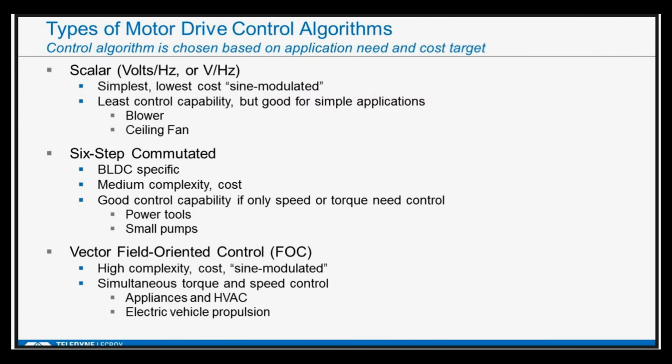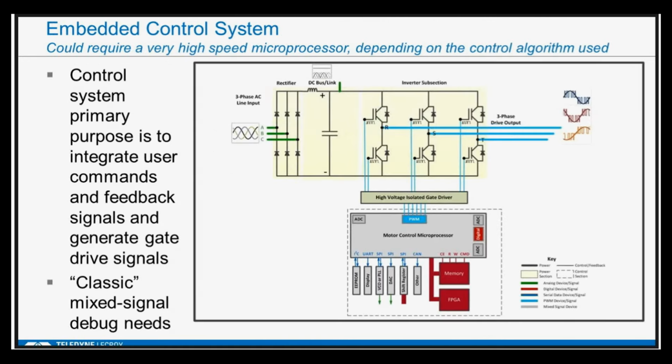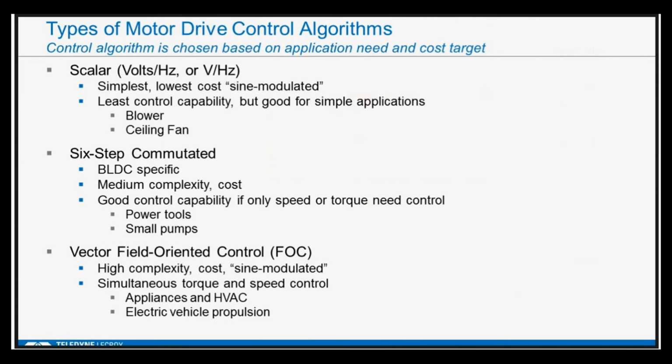So within that control system, basically, let me go back one slide. I went very quick. Within this control system right here, there is some sort of methodology that's employed to tell the gate drive circuit what to do, right? So basically, there could be one of 3 basic control algorithms.